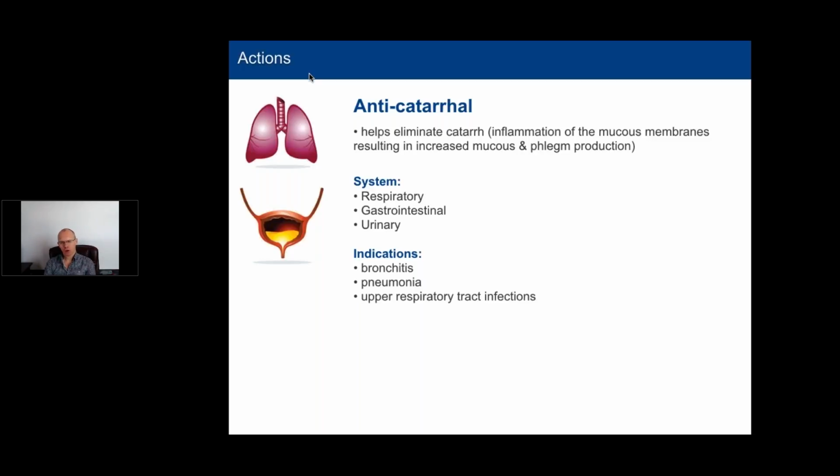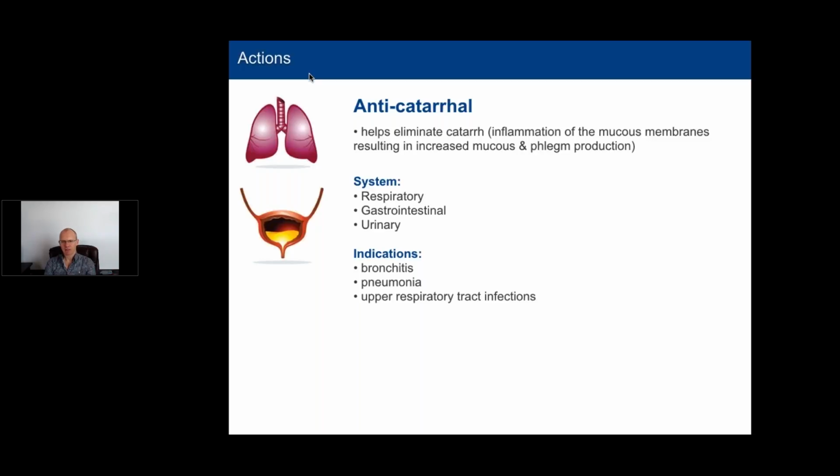In old herbal textbooks, catarrh refers to inflammation of the mucous membranes, and this causes the production of a lot of mucus and phlegm. Catarrh can be in the respiratory tract, so if someone has a bad infection and a lot of respiratory catarrh, that means lots of phlegm, lots of mucus, lots of hacking.